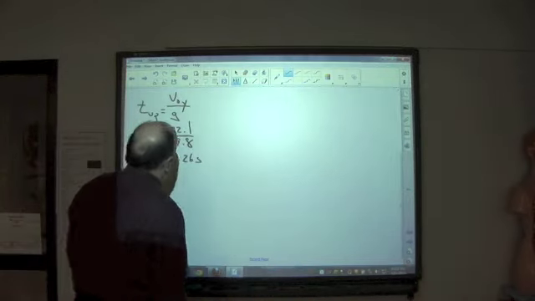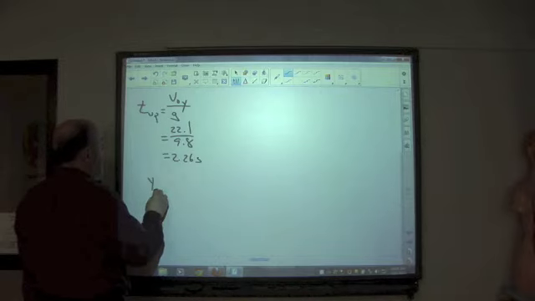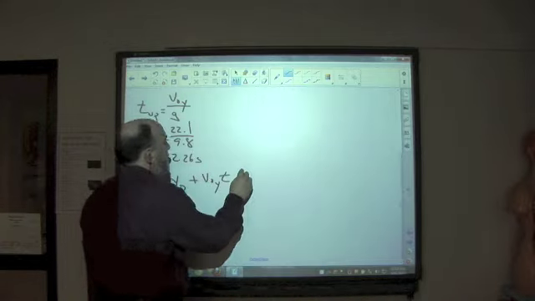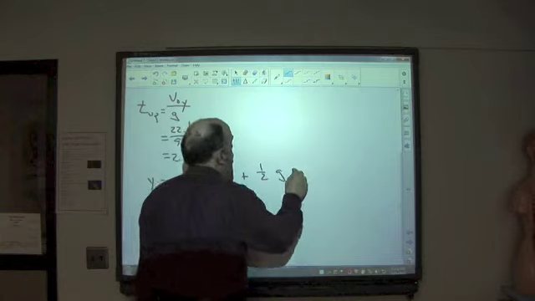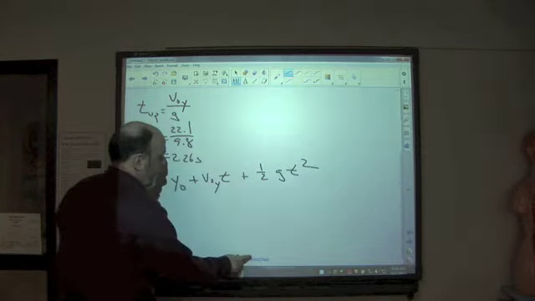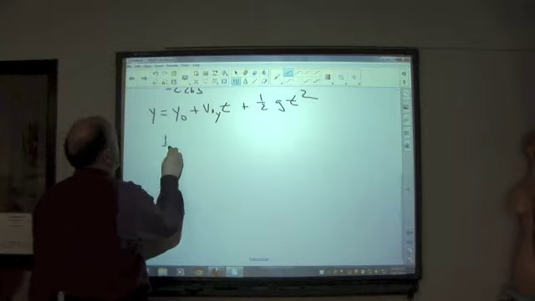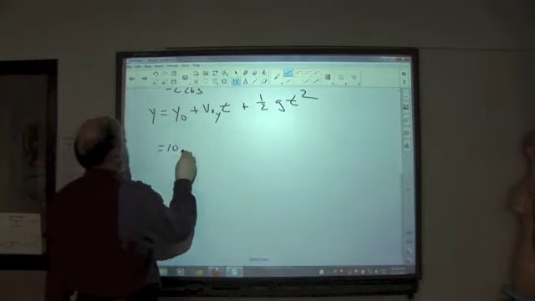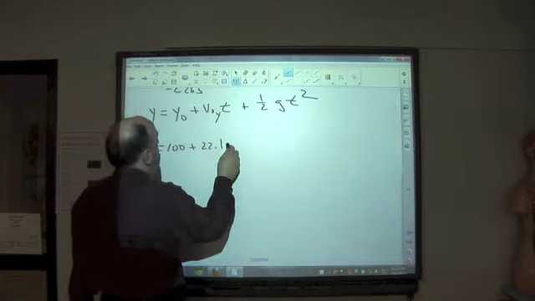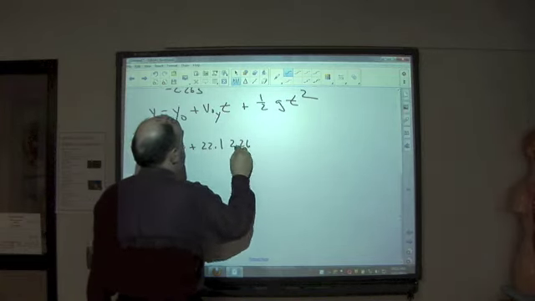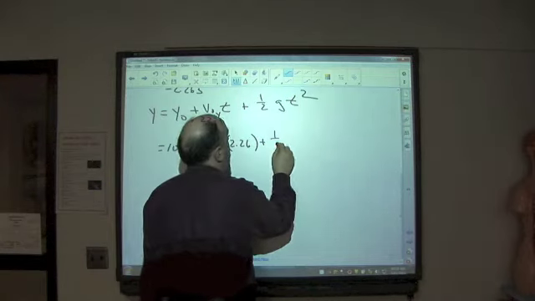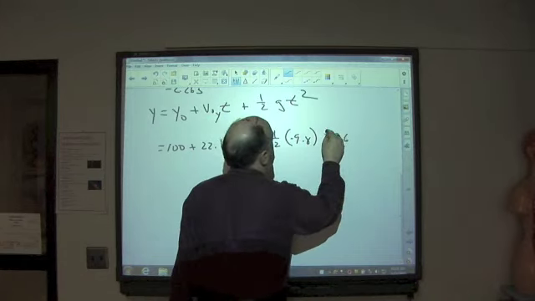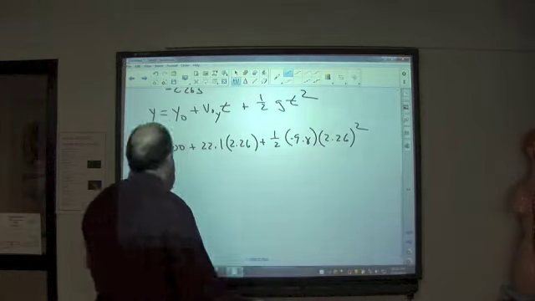For that, we would have this equation: y equals y naught plus v naught y t plus 1/2 g t squared. y naught is 100, so this will be 100 plus 22.1 times 2.26 plus 1/2 times minus 9.8 times 2.26 squared.